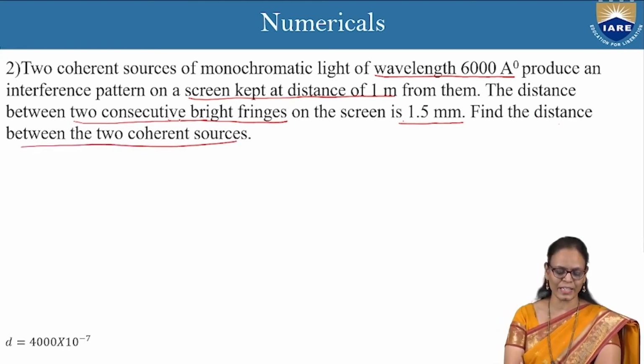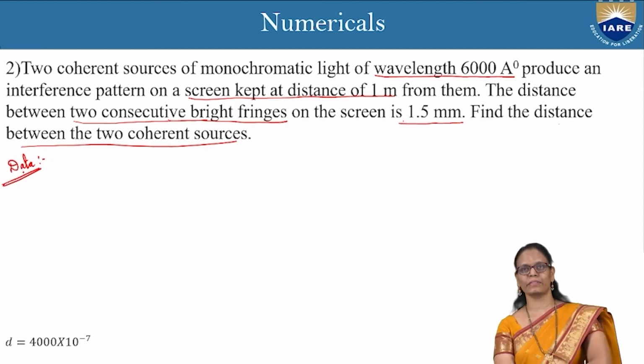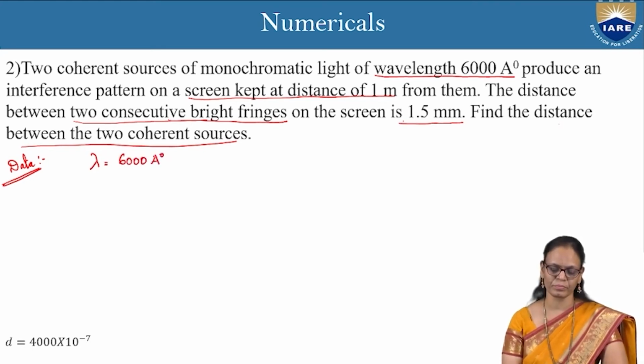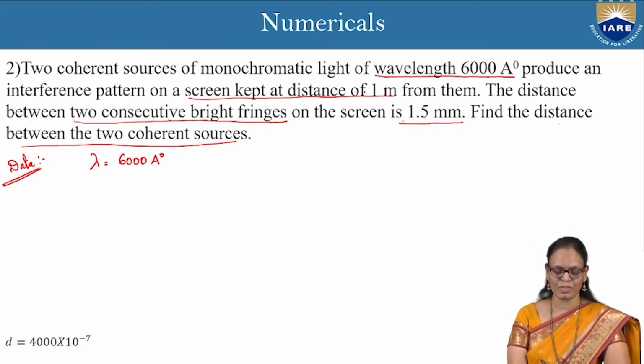So let us write the data. What is given? Once we write the data, the problem becomes very clear. Lambda is equal to 6000 angstrom. And the screen is kept at a distance of 1 meter. So distance between the screen and the slit, we are taking it as capital D. So this is 1 meter.